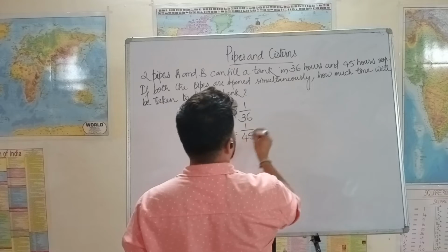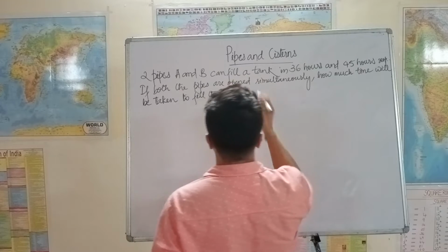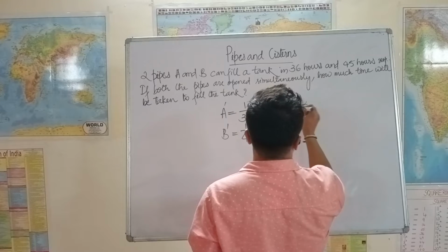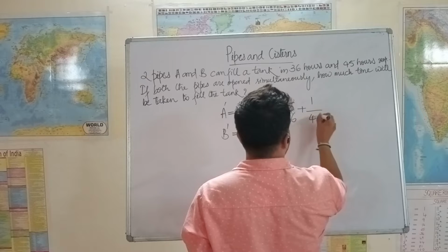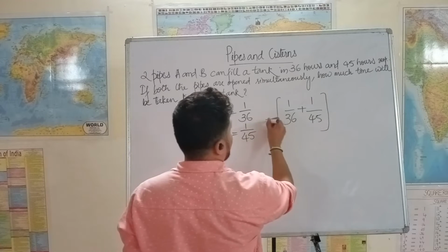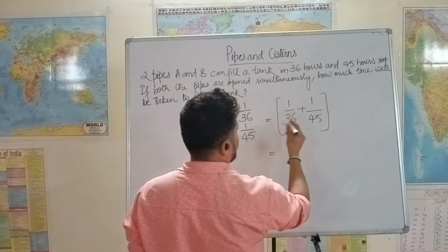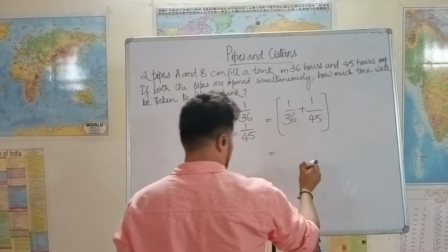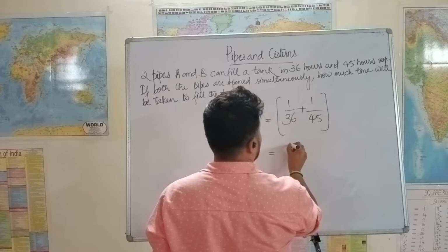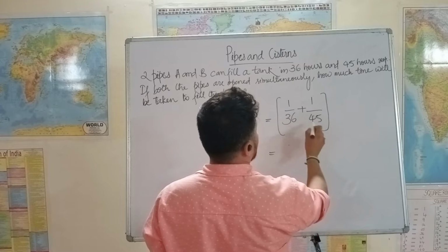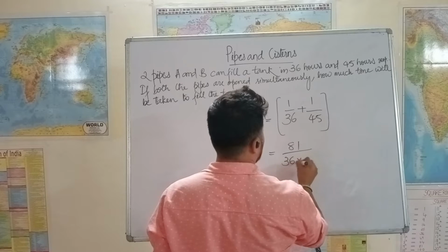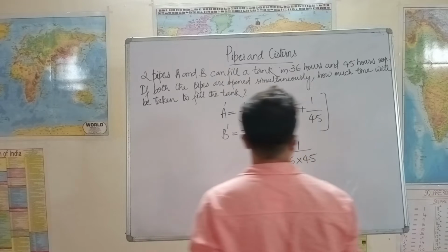So if they are working together, then their work will add, right? So 1/36 plus 1/45 will be the total work, which is equal to (45 plus 36) divided by (36 into 45). We got 81 divided by 36 into 45.